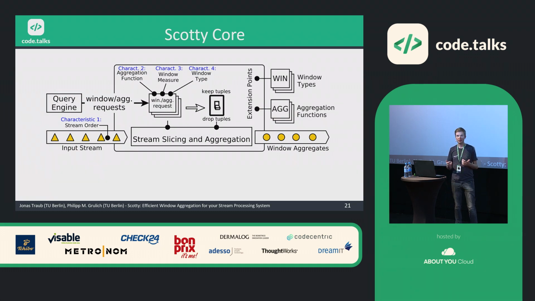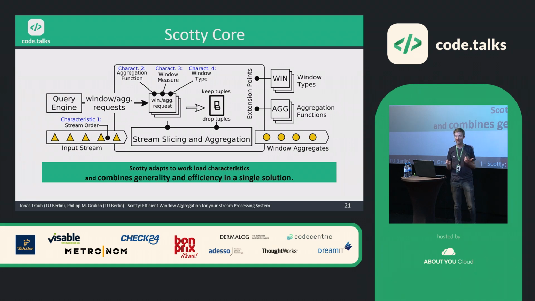To extend the Scotty operator and to introduce your own aggregation functions and window types, we have an interface which you can just implement and which abstracts the details of these different decisions. So Scotty basically combines generality and efficiency in one single solution.